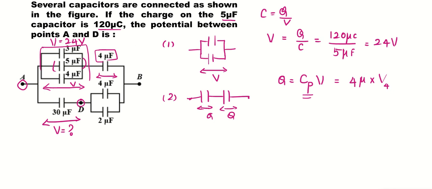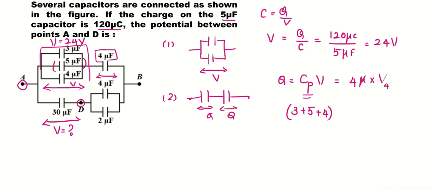Since the 3, 5 and 4 microfarad capacitors are in parallel, it is actually 3 plus 5 plus 4 microfarad. So micros and all will get cancelled, so we don't have to use that at all.